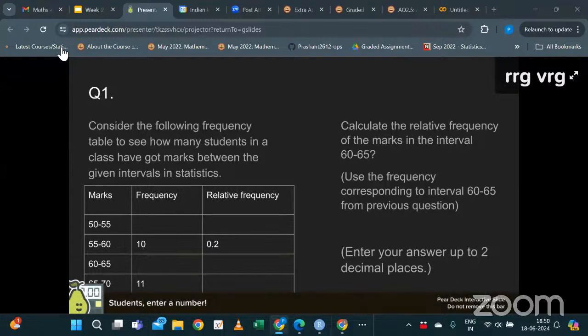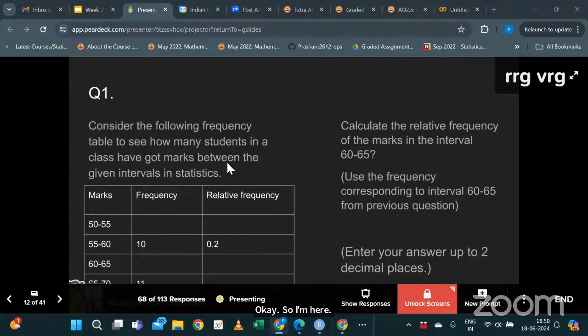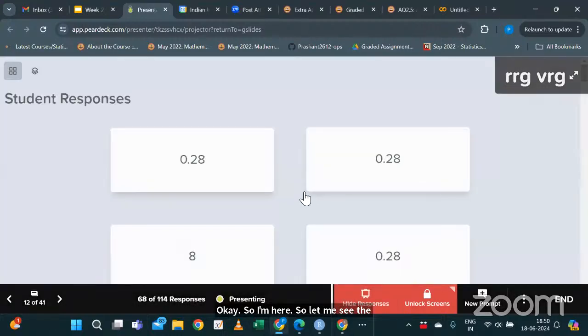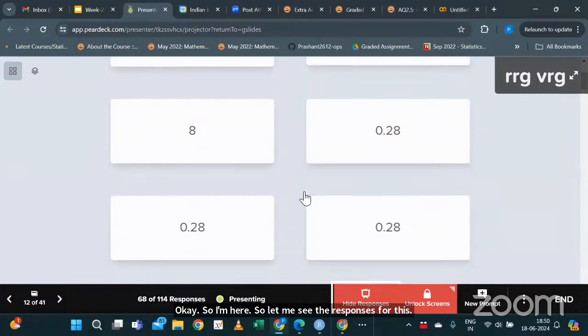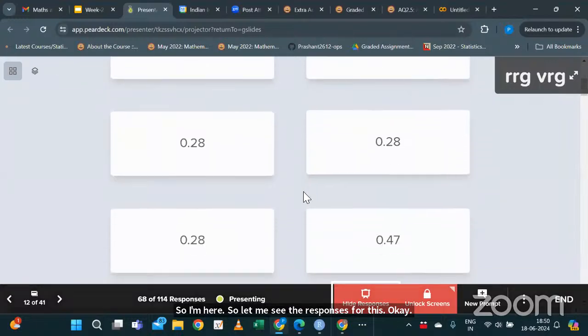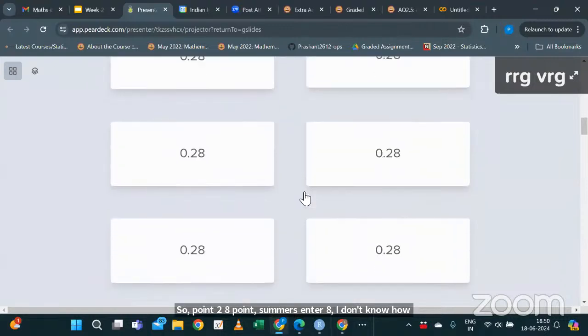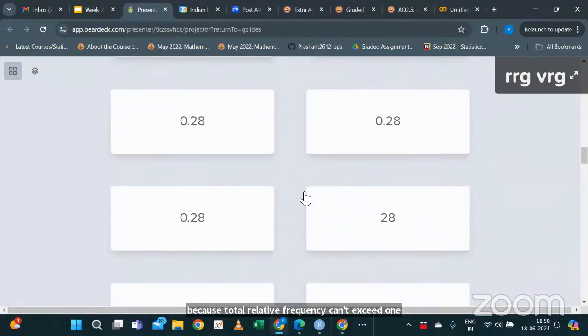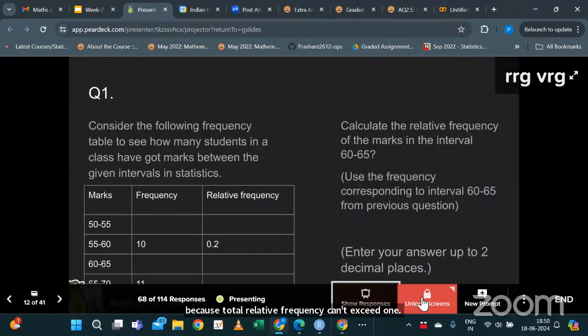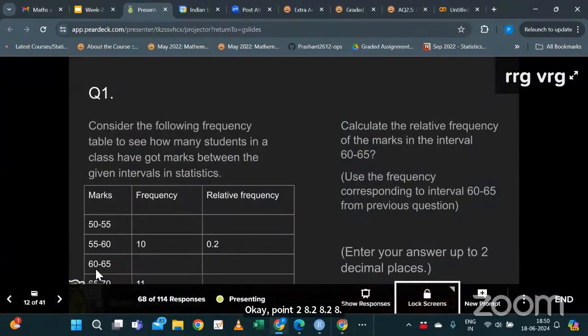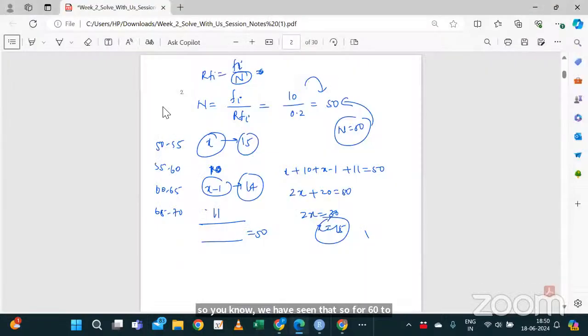Okay. So let me see the responses for this. Okay. So 0.28. Someone has entered 8. I don't know how, because total relative frequency can't exceed 1. Okay, 0.28, 0.28, 0.28. All right. So for 60 to 65, what was the frequency? It was 14, right?